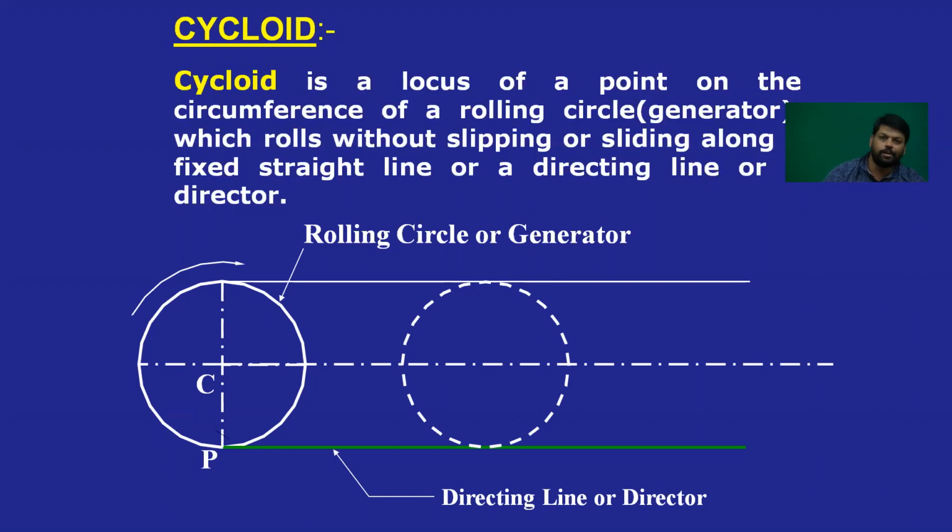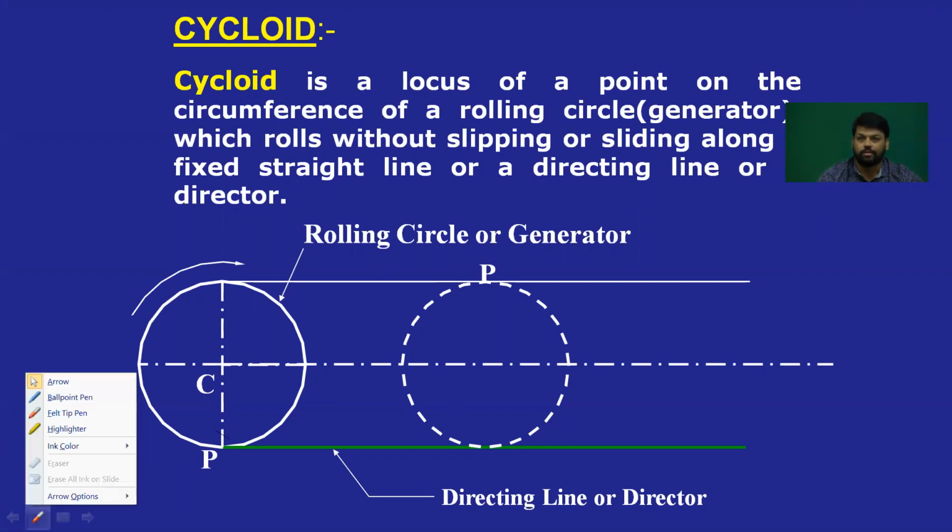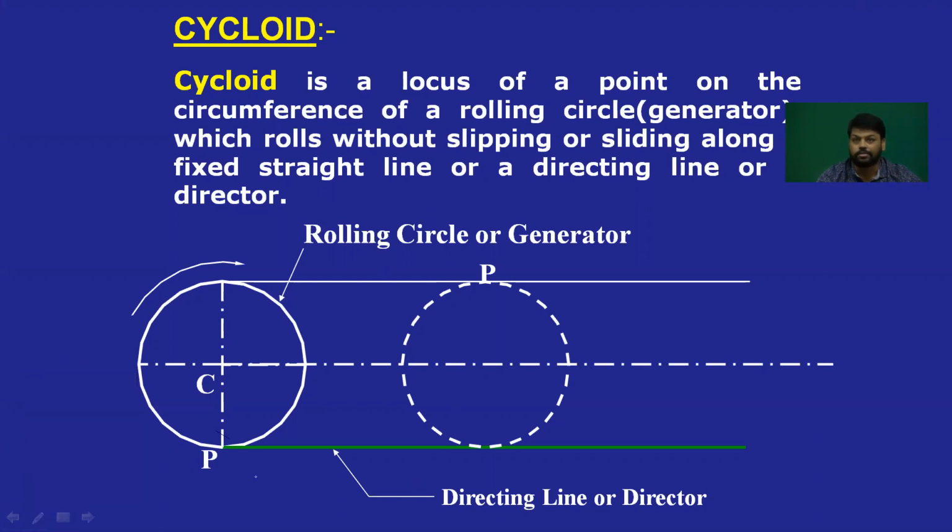If the circle completes half a revolution, it comes to the midpoint of the straight line, and the point here. I will put the pointer here so that you will easily understand.